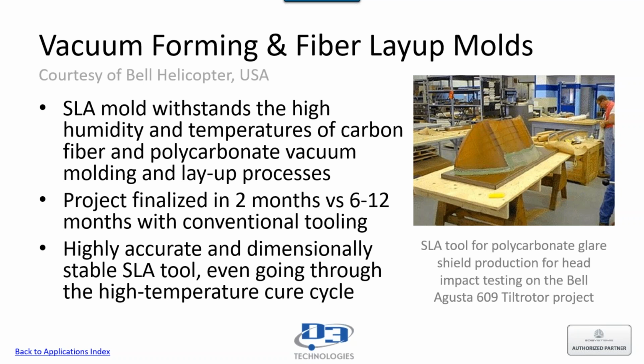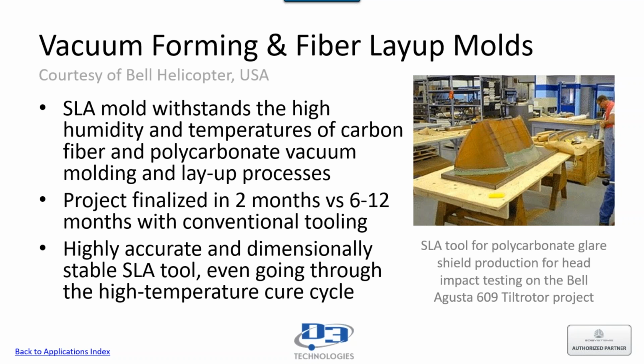So the process begins with their CAD file, which is then sent to the 3D Systems SLA printer. Then a physical model or tool can function as a pattern to form the parts out of other materials such as polycarbs or foam or carbon fiber using a high temperature process. To build the glare shield with conventional tooling took months, 6 months to a year.